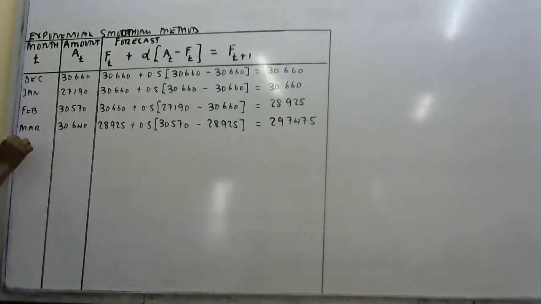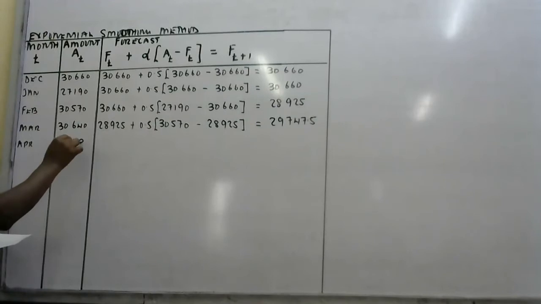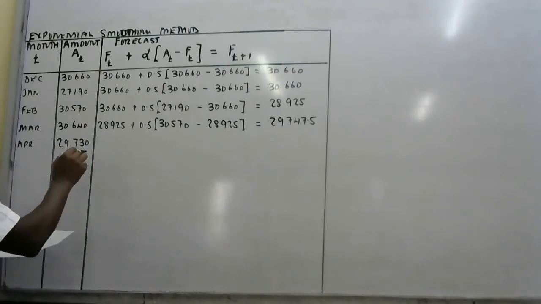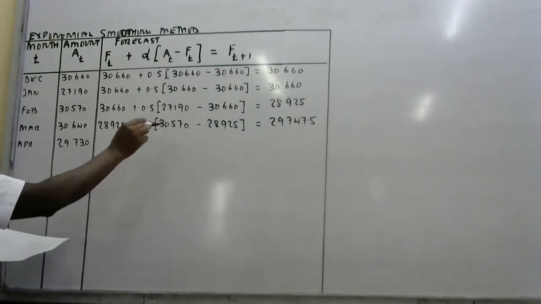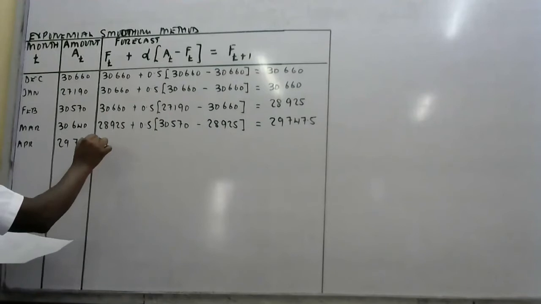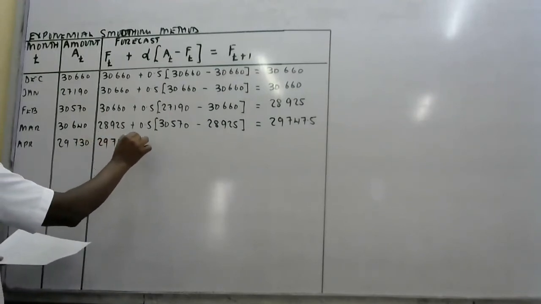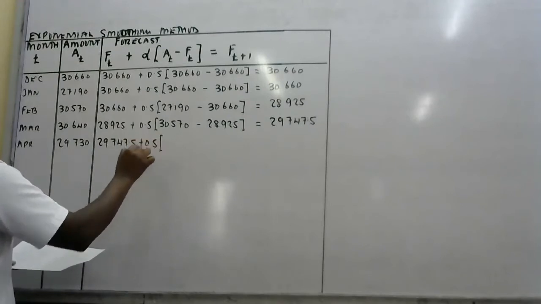April, the value is 29,730. The forecast here is 29,747.5 plus 0.5.